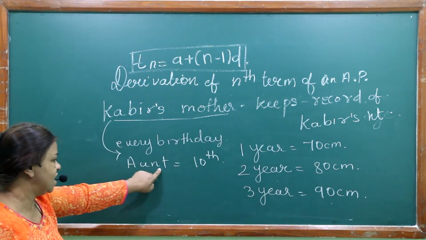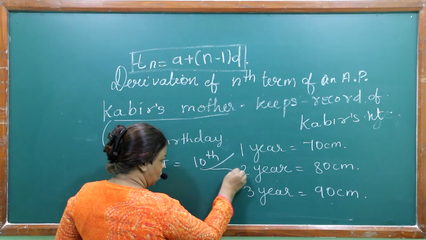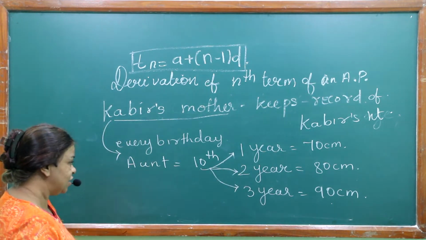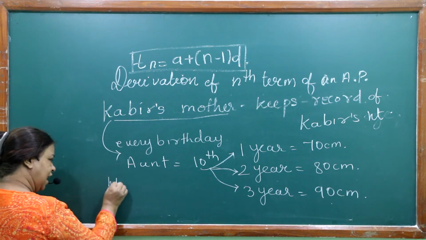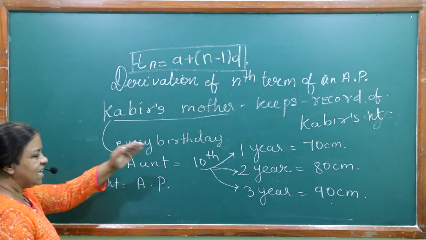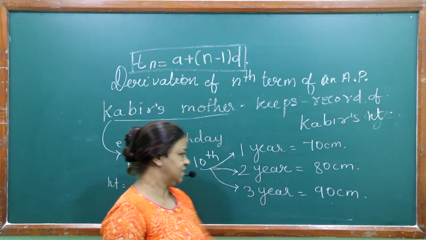So Kabir's aunt, who is in 10th standard, looking at the record, said that his height is growing in arithmetic progression, meaning every year it is going up by 10 centimeter.